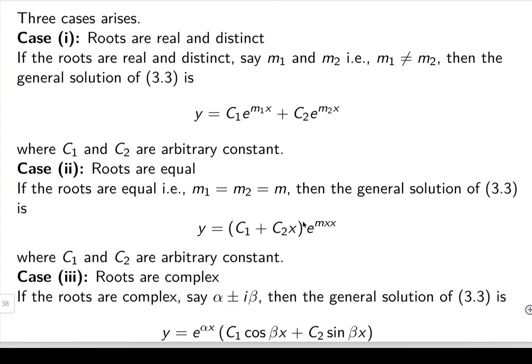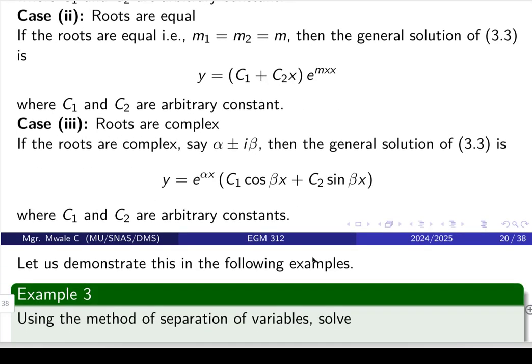The second situation is when the roots are repeating, M1 equal to M2, which we just pick as M, then you expect the solution to be like this. Of course, I think this is a typing error here. There should just be one x here. Take note of this. And then, as before, C1 and C2 are just arbitrary constants.